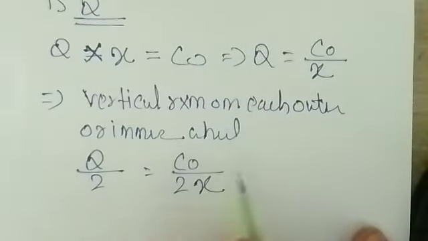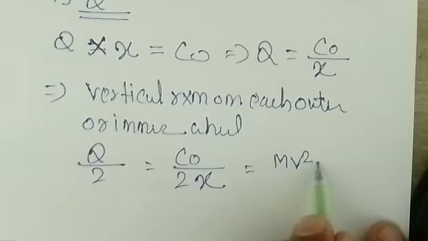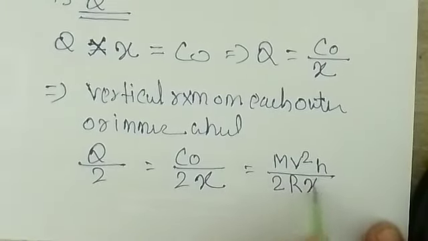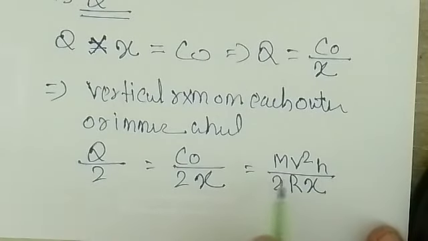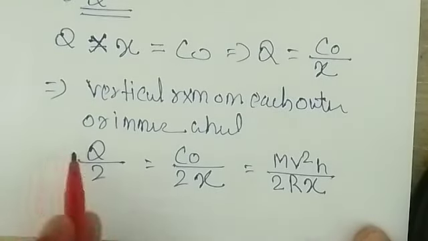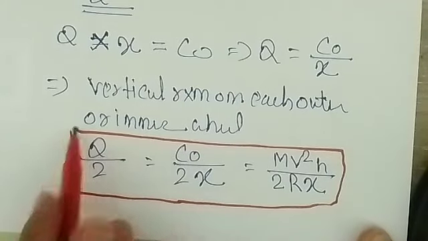That is, mass of the vehicle, velocity of the vehicle, height of center of gravity, radius of curvature, and width, right? So this is the reaction you got on the outer or inner wheel due to the overturning couple.